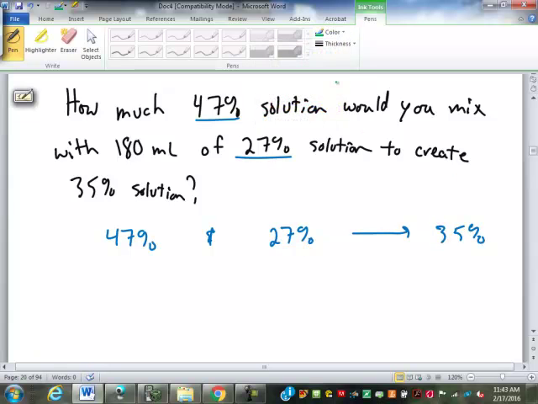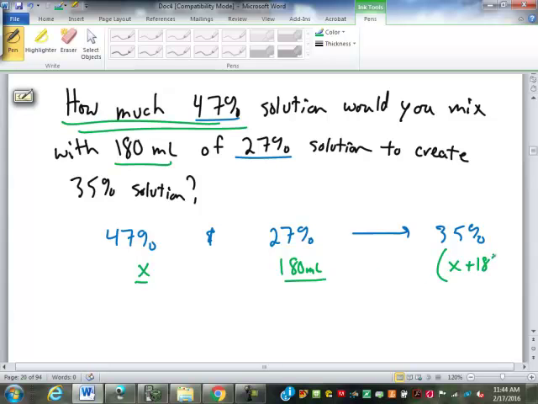Next, we have our volumes. Well, we have 180 milliliters. Goes with the 27%. We're trying to find how much of the 47%. That's our X. So then the amount of the 35% will just be those two amounts added together. So X plus 180.